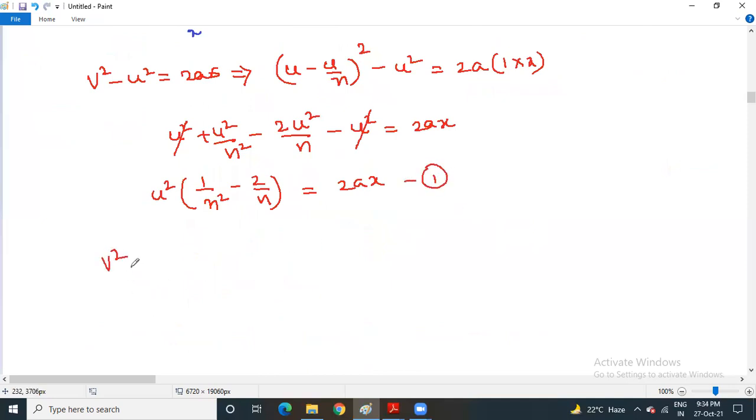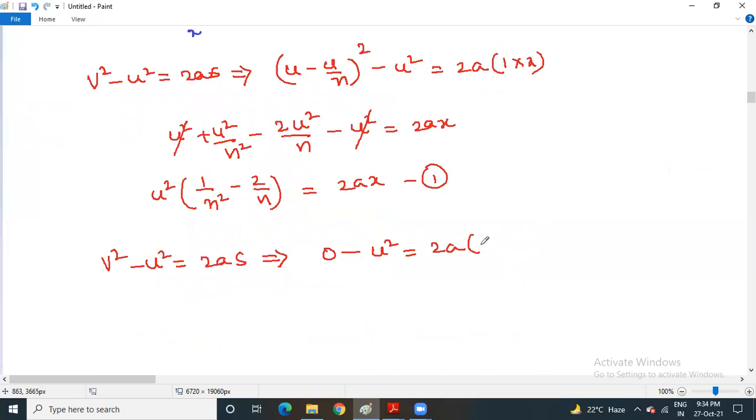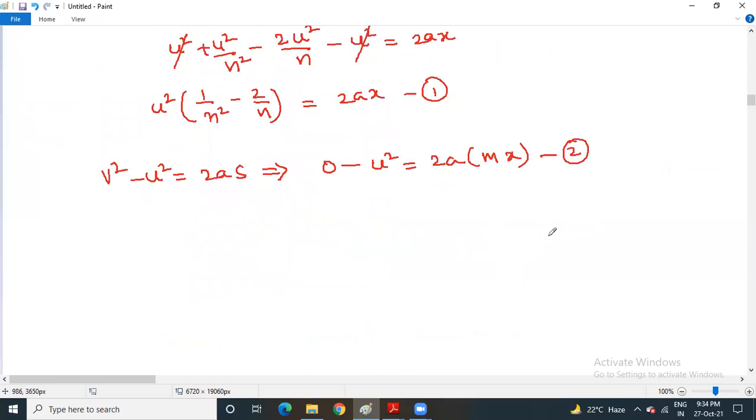Once again, make use of v square minus u square equal to 2as. Final velocity is 0, but the velocity with which the bullet hits the first plank is u square only. So final velocity will become 0 after m number of planks, again each of thickness x. So we are going to get the equation for m. You call this equation 2. Now divide equation 1 by 2.